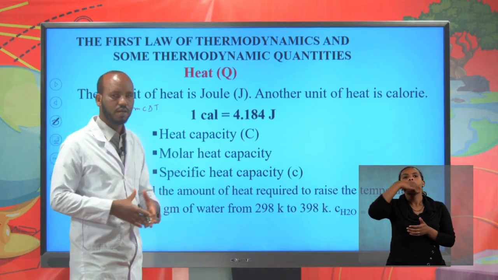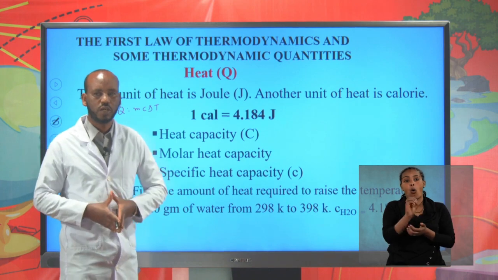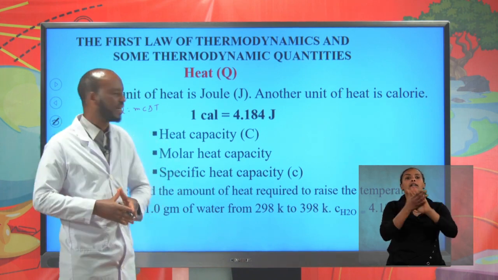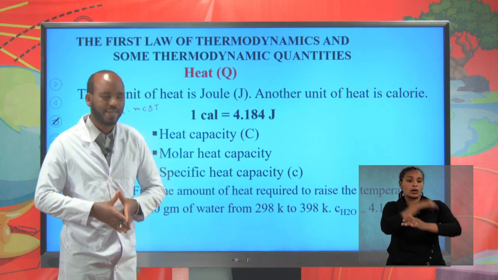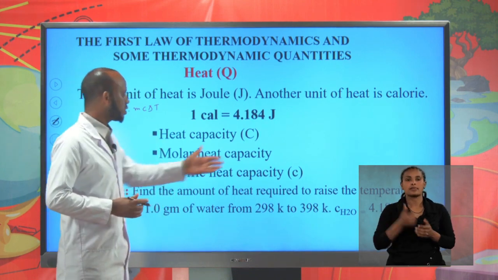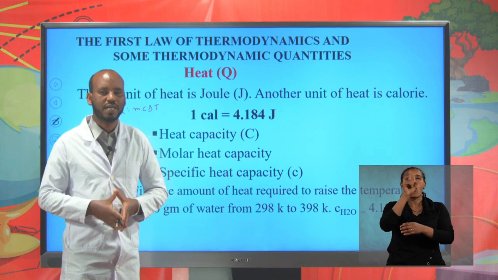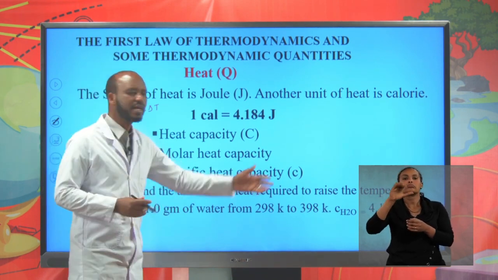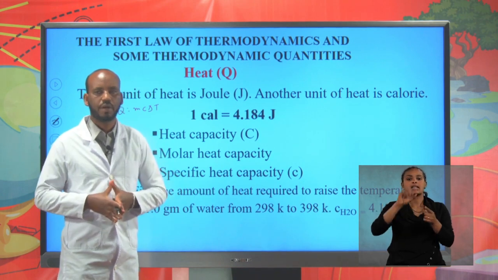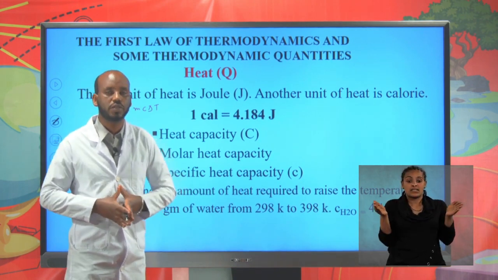Heat capacity of an object or a substance is the amount of heat energy required to raise its temperature by 1 degree centigrade. Heat capacity of 1 mole of a substance is molar heat capacity. Heat capacity of 1 gram of a substance is specific heat capacity.